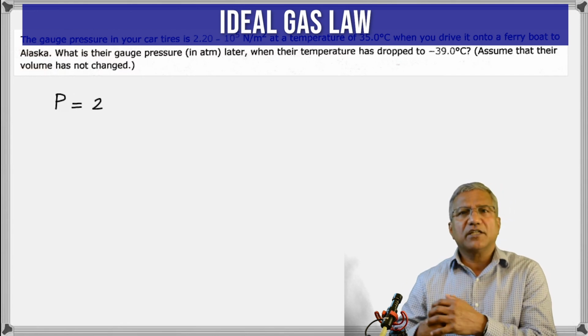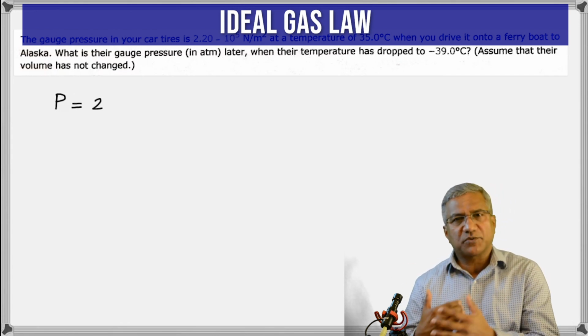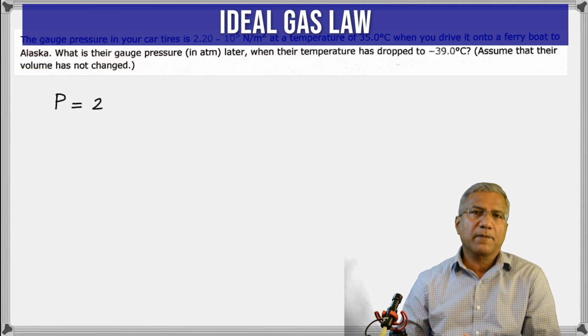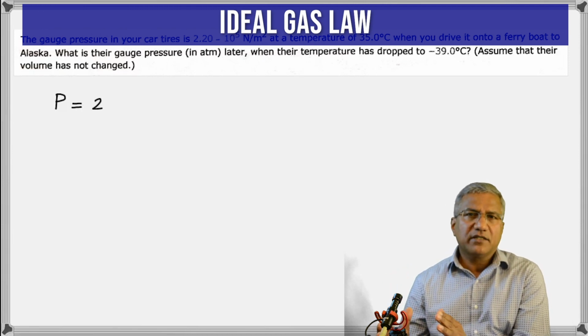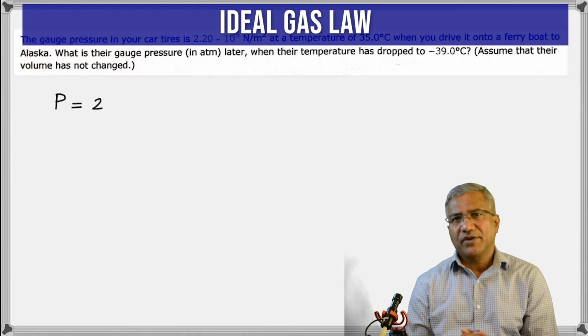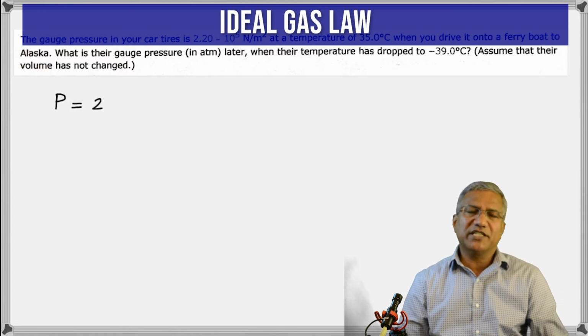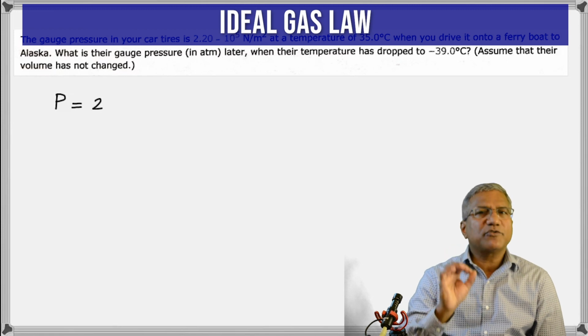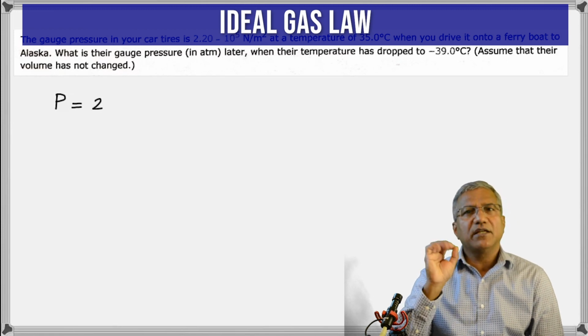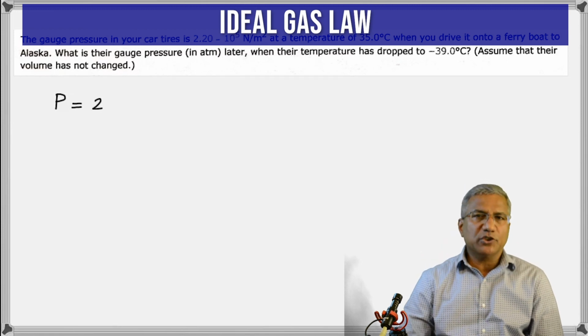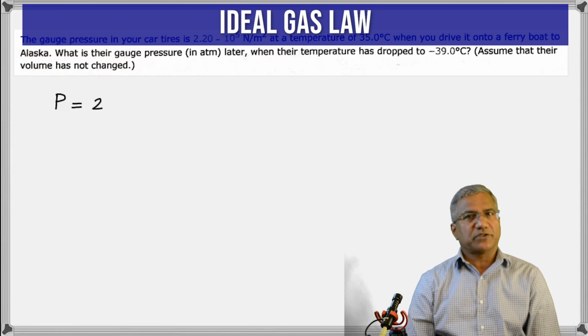So if you want the absolute pressure or the total pressure, you have to add the atmospheric pressure. And when you use this gas equation, you have to always work with the total pressure. You cannot use the gauge pressure.